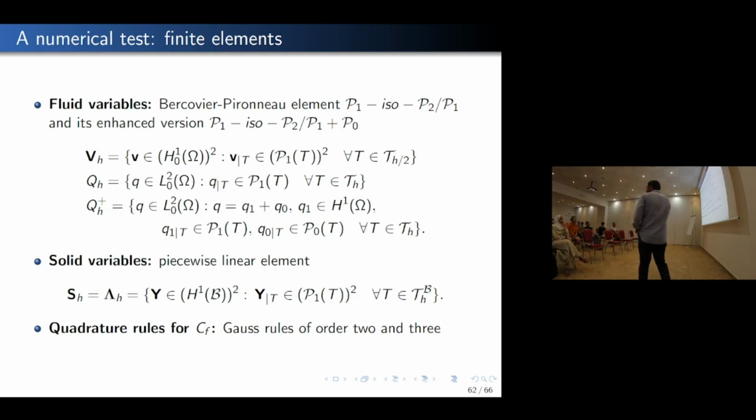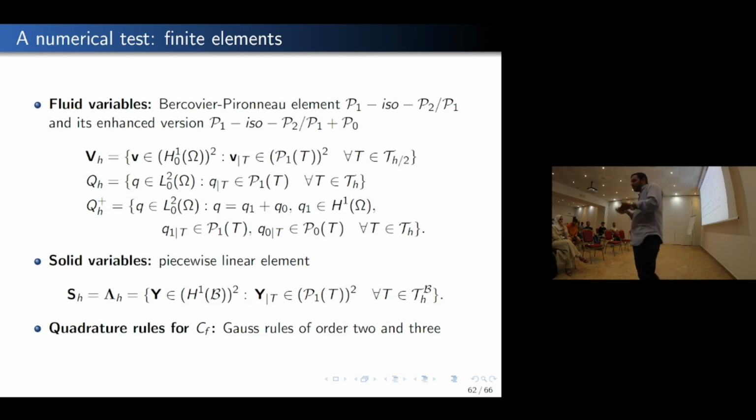The most common Stokes pair is Taylor-Hood, so P2 P1, and we know that the P2 element has 6 degrees of freedom, 3 vertices and 3 midpoints. Basically, the P1 iso P2 has the same number of degrees of freedom.